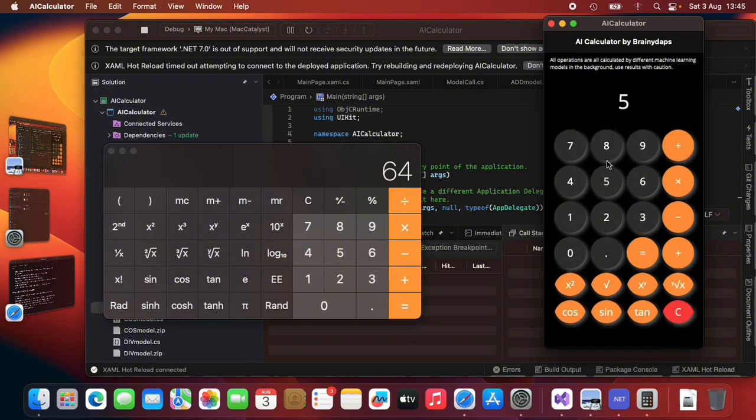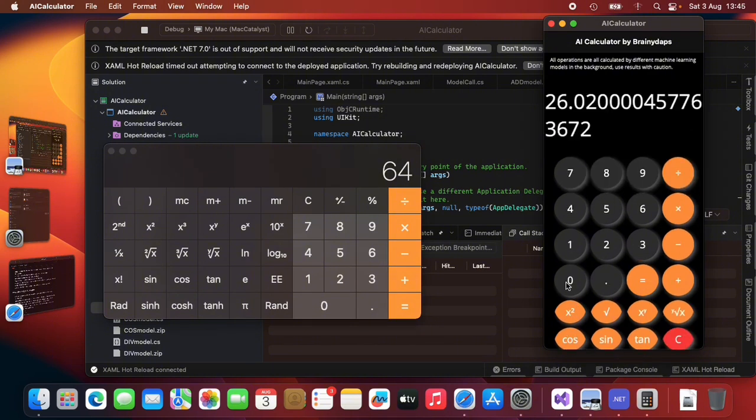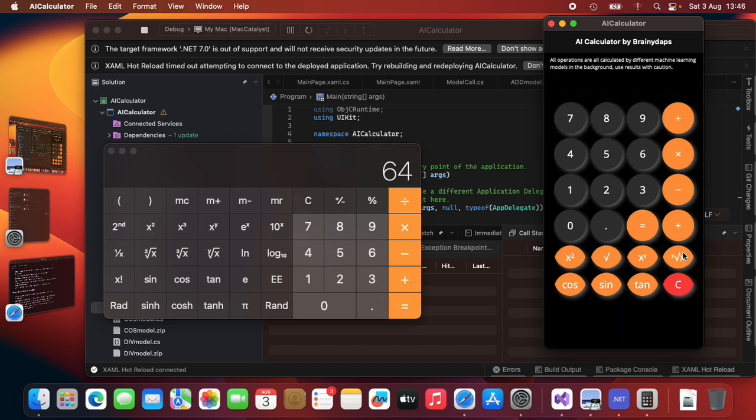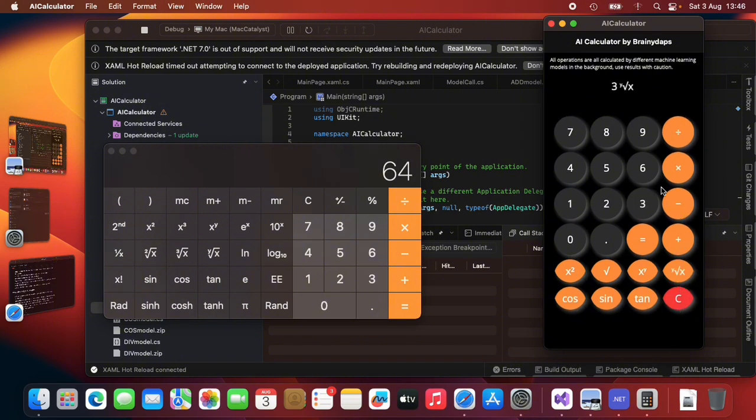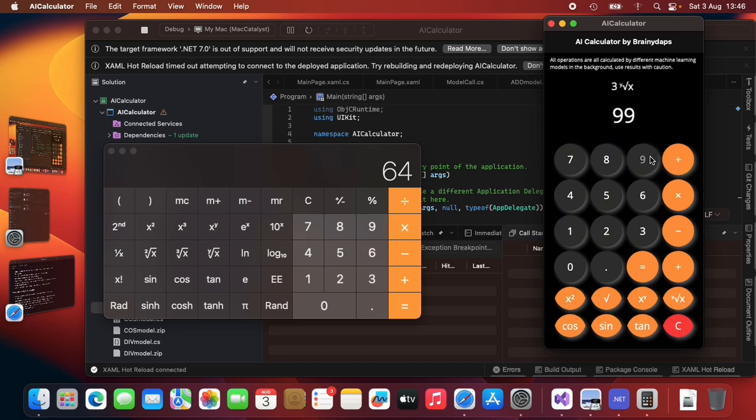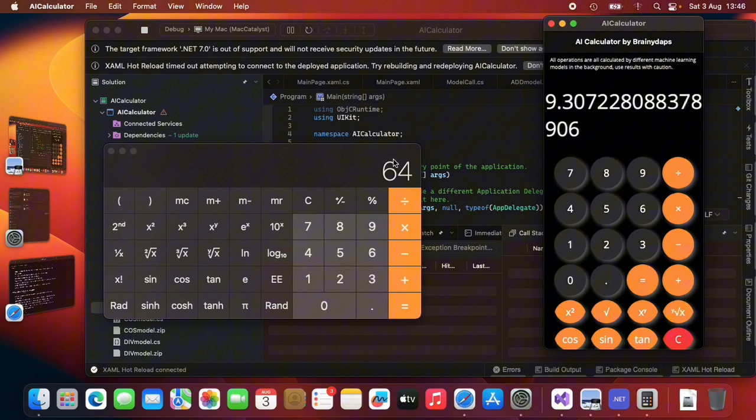Now what about 5 squared? 5 squared is 25, and it gave us 26. That was very close enough. Now what about cube roots? Let's try cube root 999. We got that, right? Now let's try it on this other calculator.